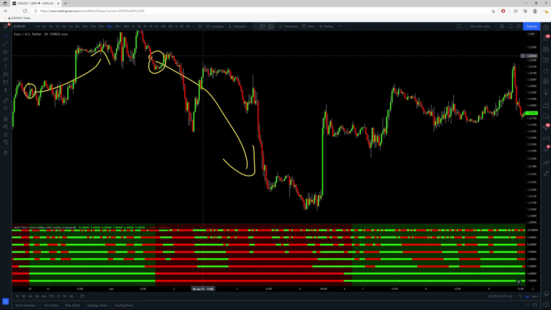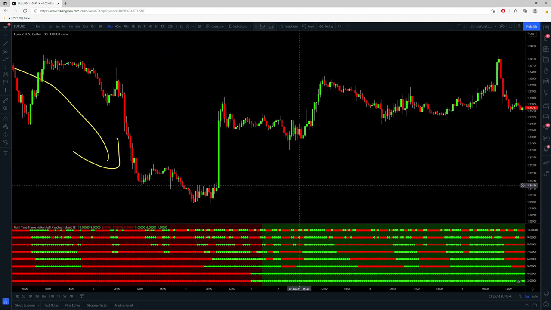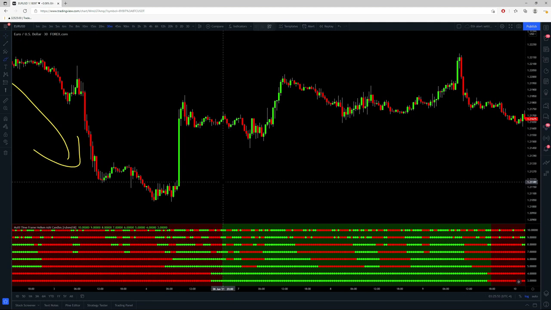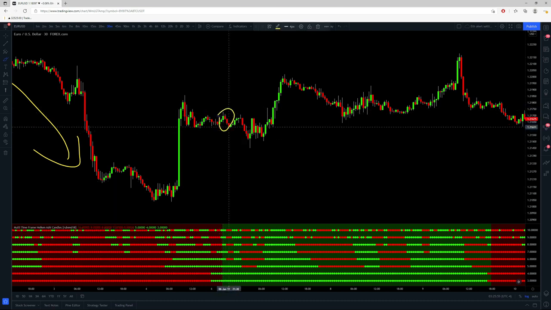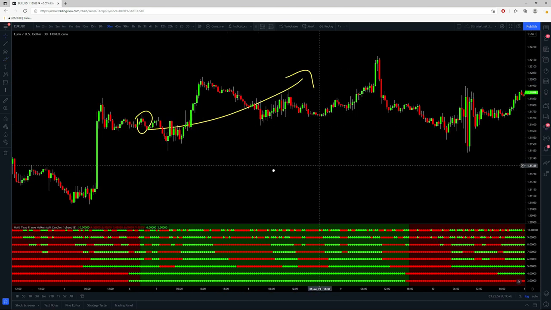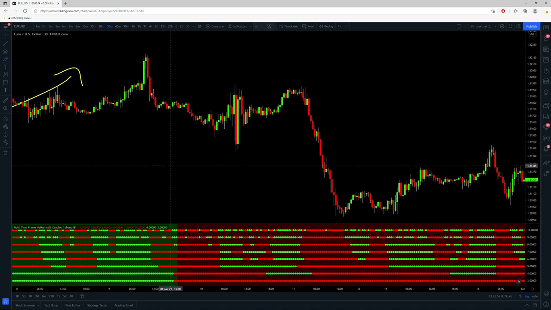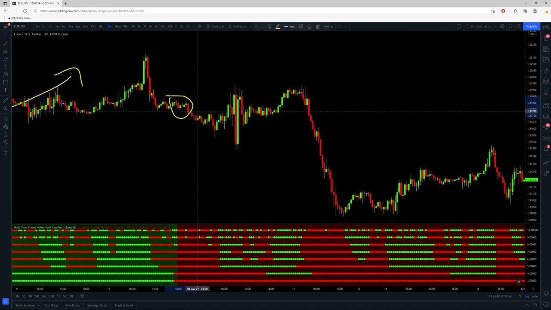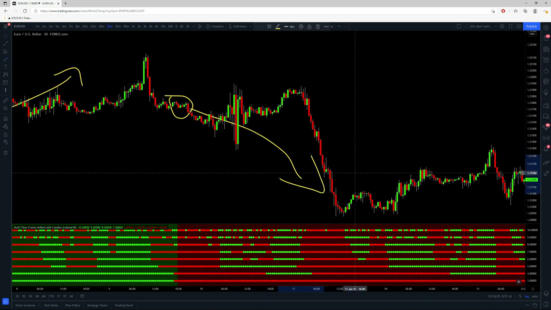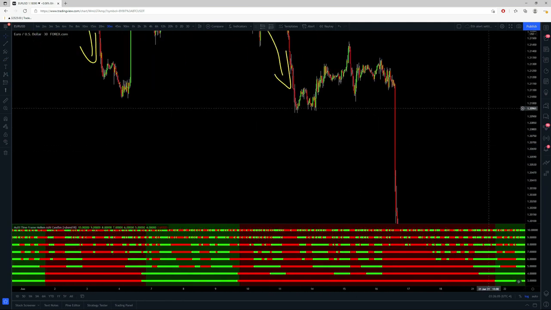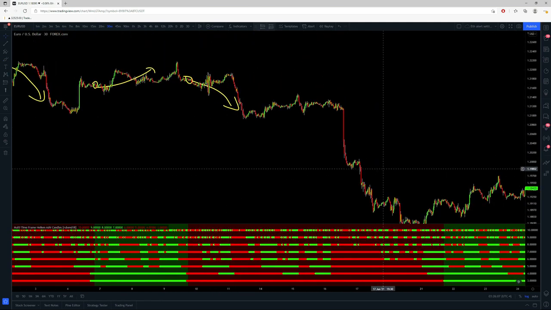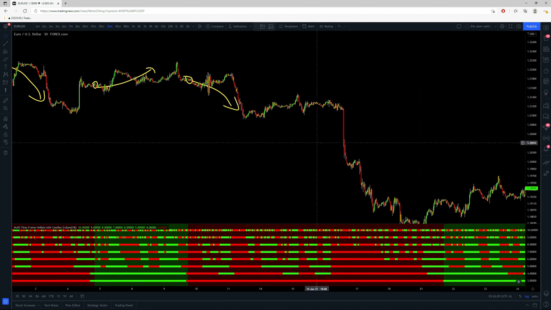Even on a big pullback like this, where most indicators would flip to green, this one stays red. So it's not so sensitive that it's going to flip back and forth on you constantly. And I think this will be the last one that I'm going to go through here, and then we'll, oh, that's a huge one. So signal, this massive drop here.